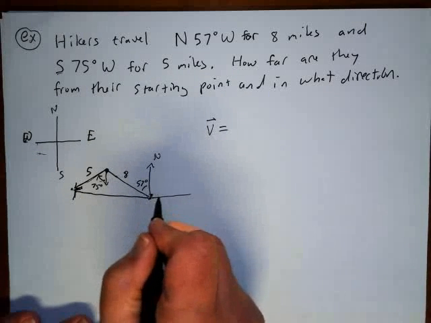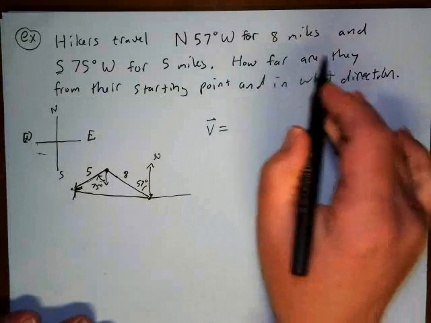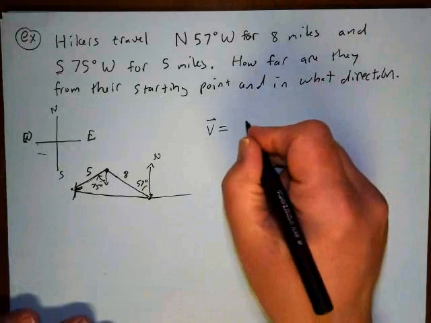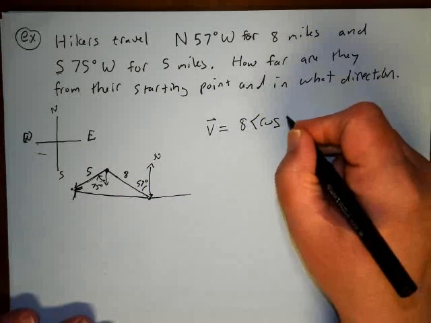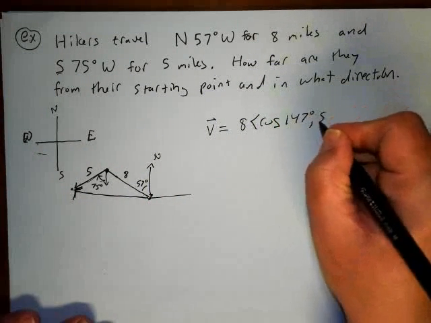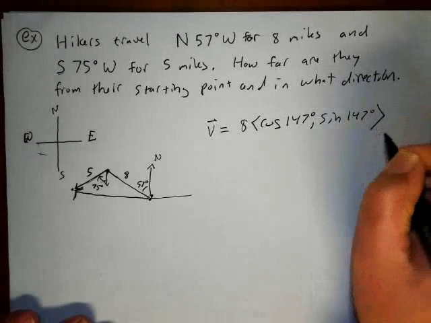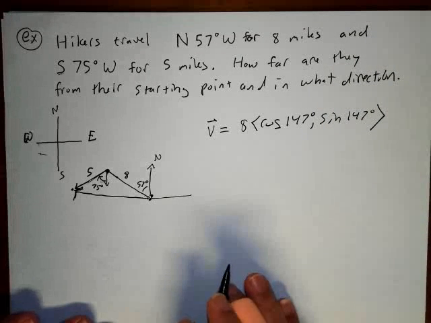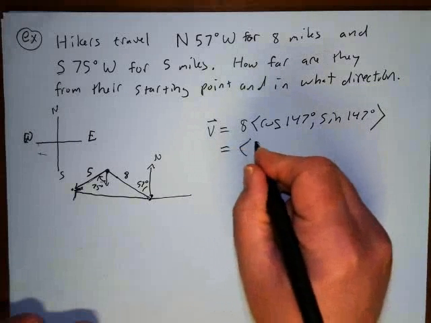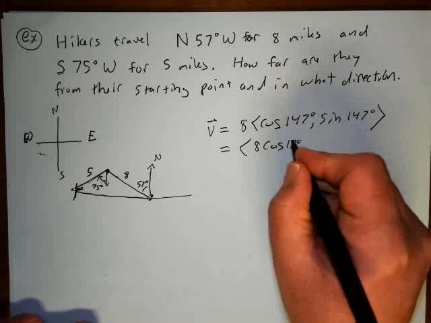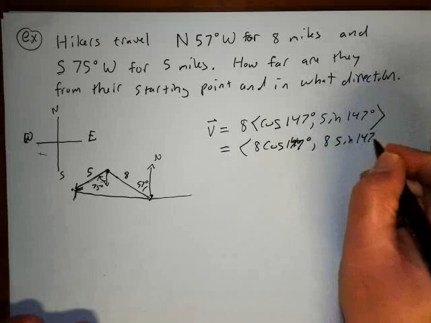For this vector, this would be 90 degrees plus 57 degrees, and the magnitude is 8, right? So this would be 8 cosine of 90 plus 57, which is 147 degrees, and then sine 147 degrees. Okay? And that would be that vector. So now I can write this: 8 cosine 147 degrees, 8 sine 147 degrees.